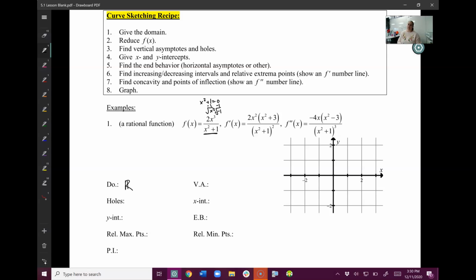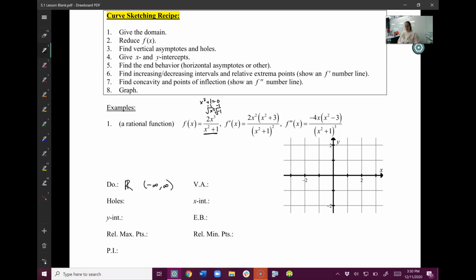We can't do that. That's imaginary. That's complex. So that means we do not have any vertical asymptotes for this problem. So in this case, the domain is all real numbers, or negative infinity to infinity, because there's no asymptotes.